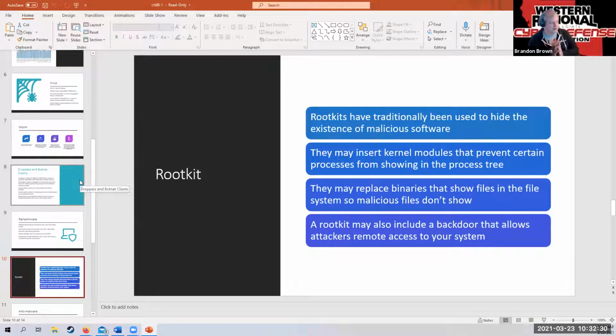All right, rootkits. Rootkits are bad, like one of the worst things out there. Basically, the only way you can get rid of a rootkit is to wipe the system. Rootkits can embed into the BIOS even, and that's really bad.